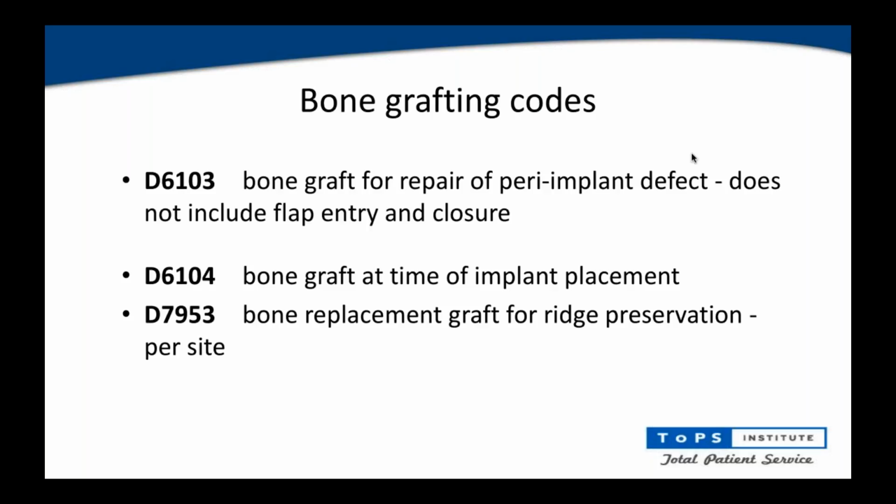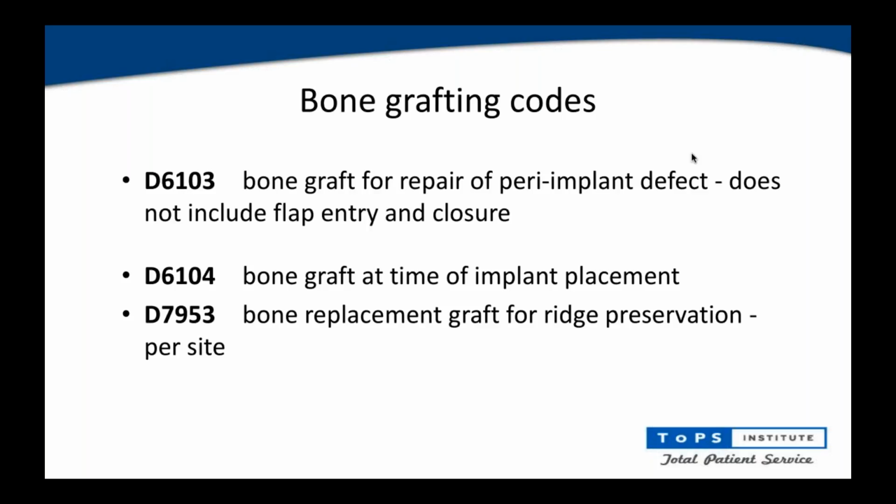It doesn't include a flap or entry, but you see a bony defect and you want to address it, then add some bone to that area. This would be the code to use in that area. If you're doing implants, at the time of implant placement, you're needing or wanting to add bone for support and structure, then the 6104 code would be the proper code to use there.